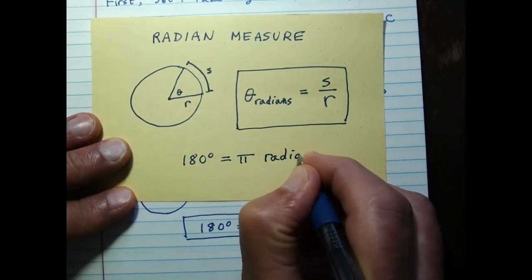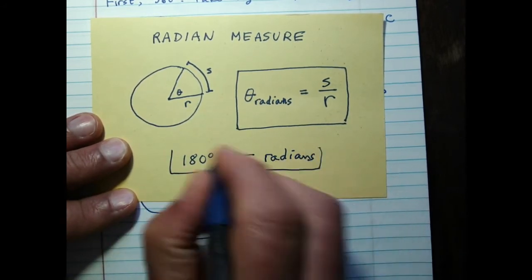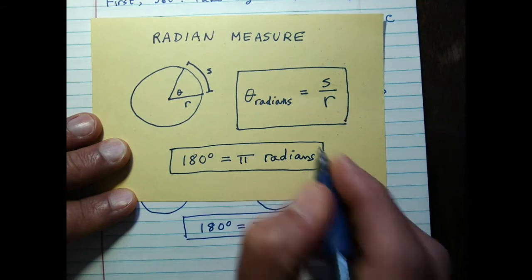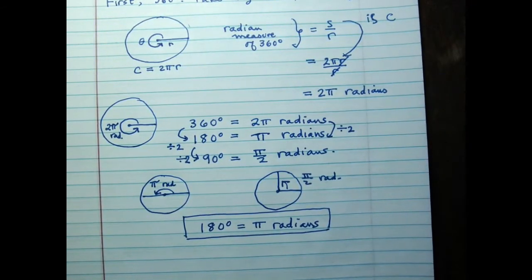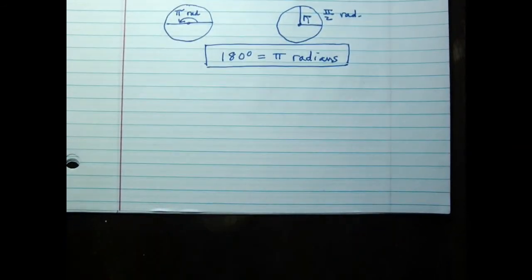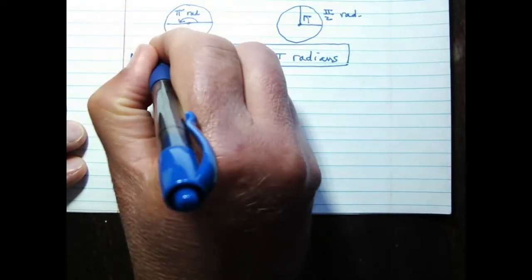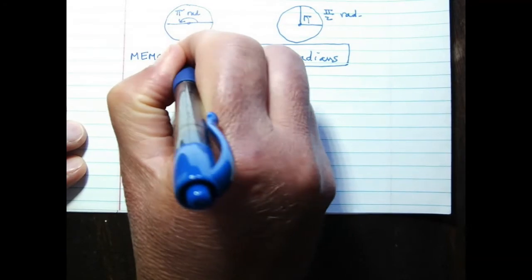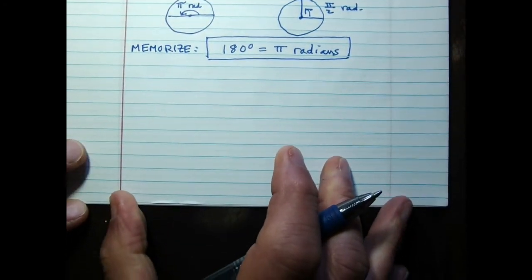Because that relationship is going to be the key to our shortcut method for converting back and forth between degree measure and radian measure. So this you want to memorize for sure. That 180 degrees is pi radians.